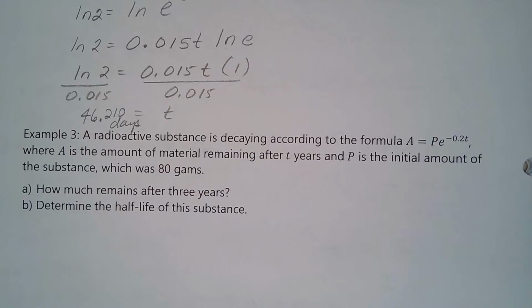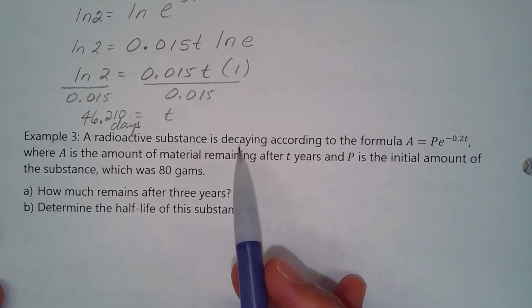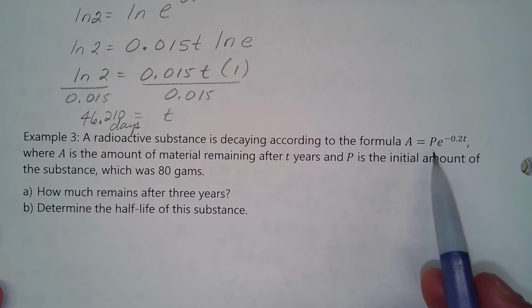Now, the other one says, example number 3, exponential decay. Do you notice the difference between growth and decay? Example number 3 says a radioactive substance is decaying according to the formula.